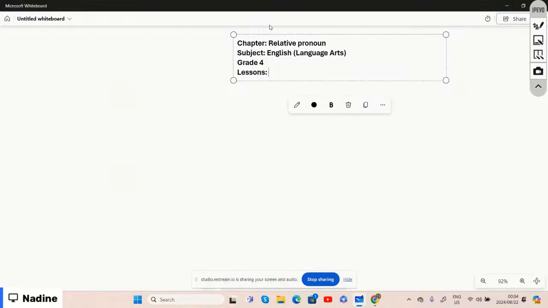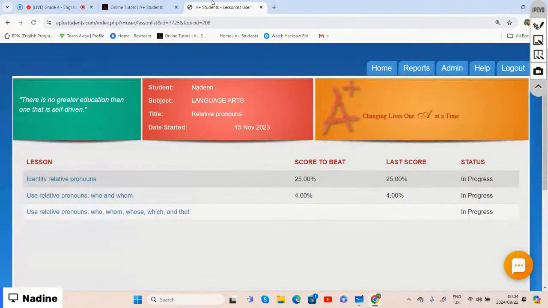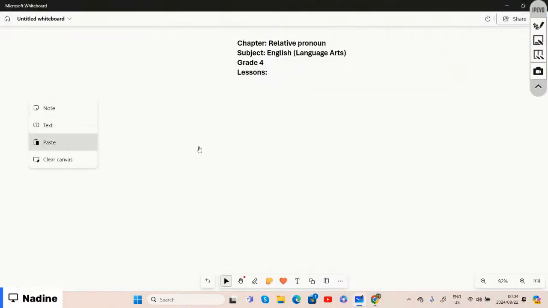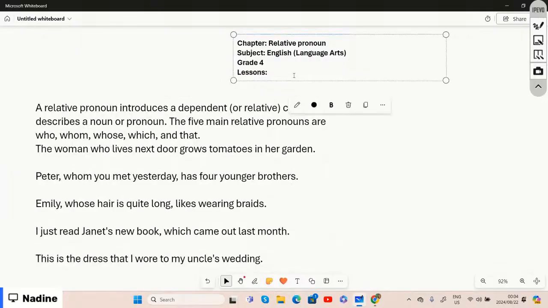Our subject is English language arts, grade 4, and the lessons that we are going to be focusing on under the chapter of relative pronouns is to identify the relative pronoun and also to use relative pronouns, which are who and whom.